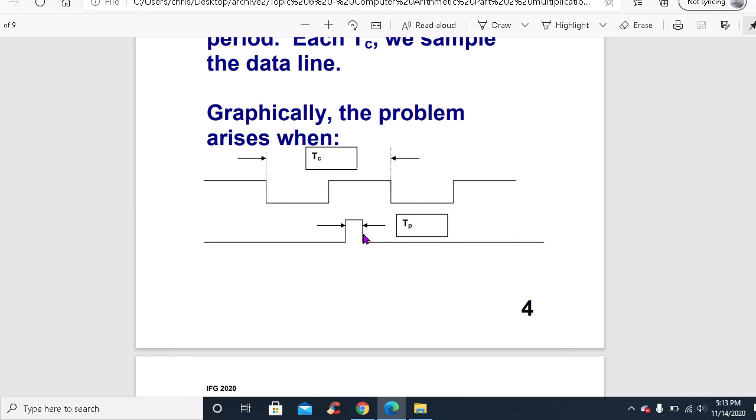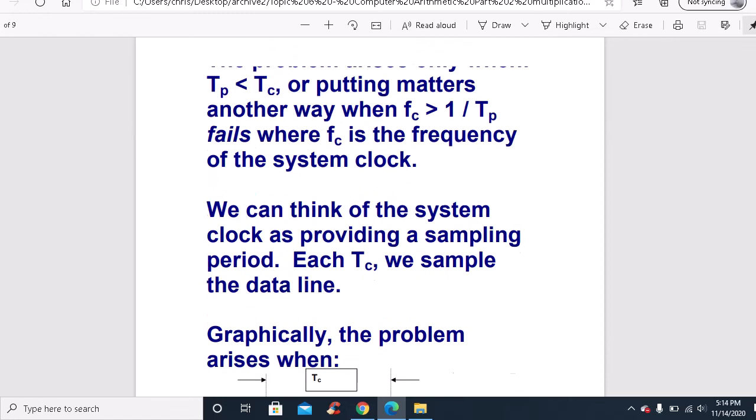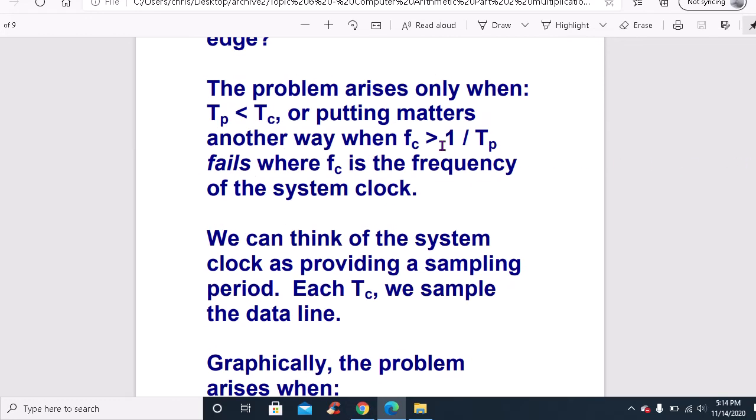Well, the hardware solution to the synchronization problem is simply to make sure that the clock frequency is greater than 1 divided by TP. When this doesn't hold, I'm not going to be able to see the short signals that you send me. I mean, you don't know that I can't see you.